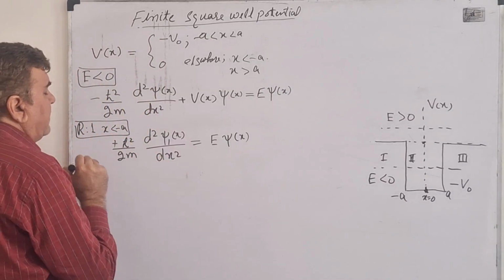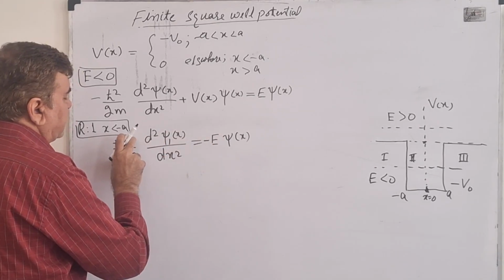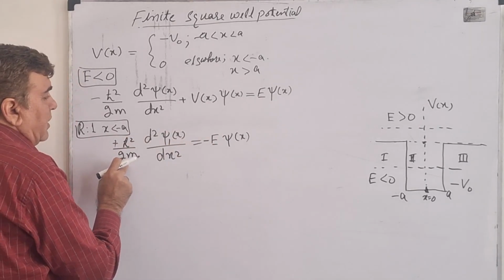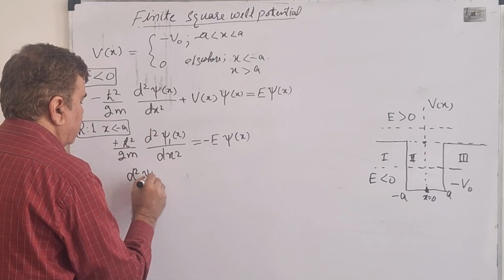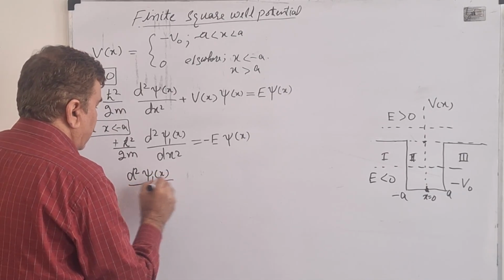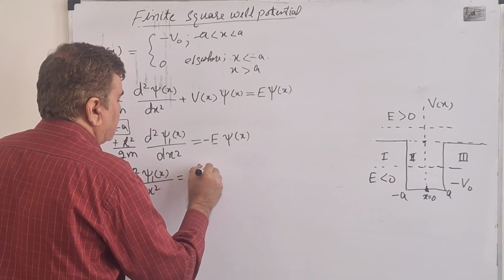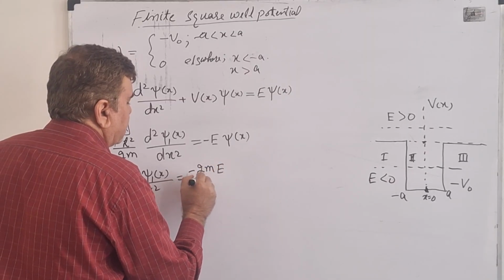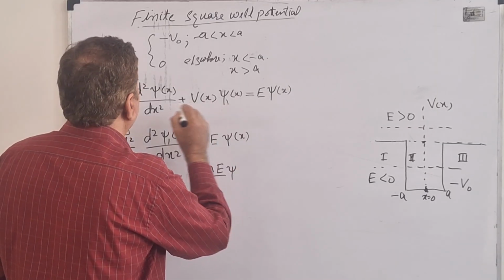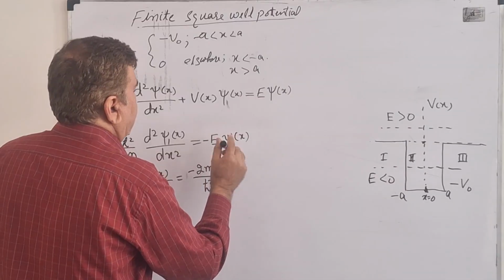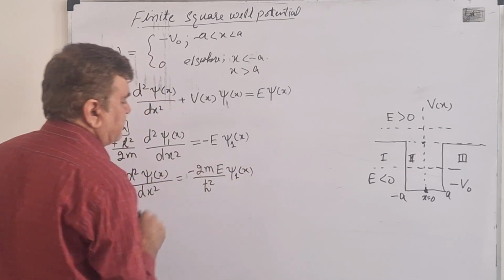I can drop this sign to put a negative sign over here, and I multiply the whole equation with the inverse of these parameters to write the equation in the form d squared psi 1 of x divided by dx squared equals minus 2mE divided by h bar squared, times psi 1 of x.